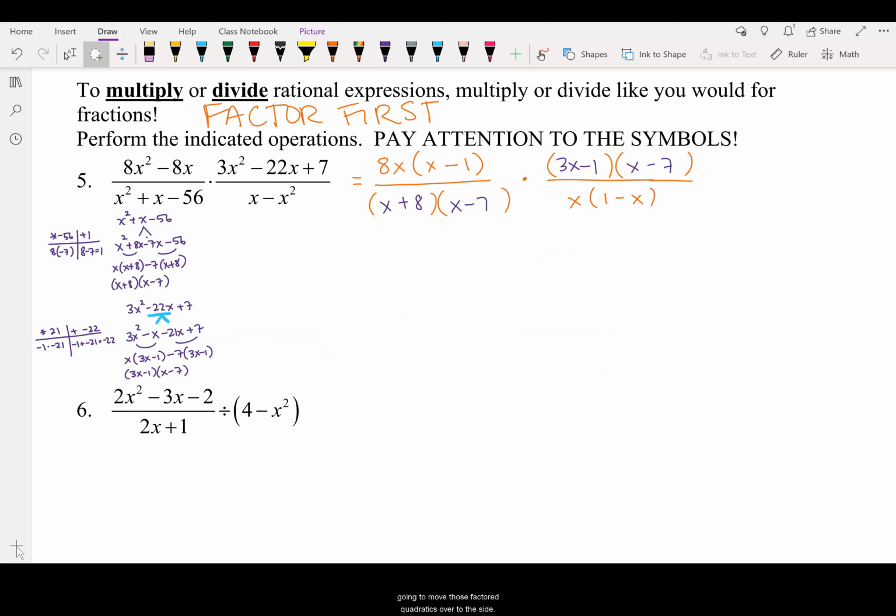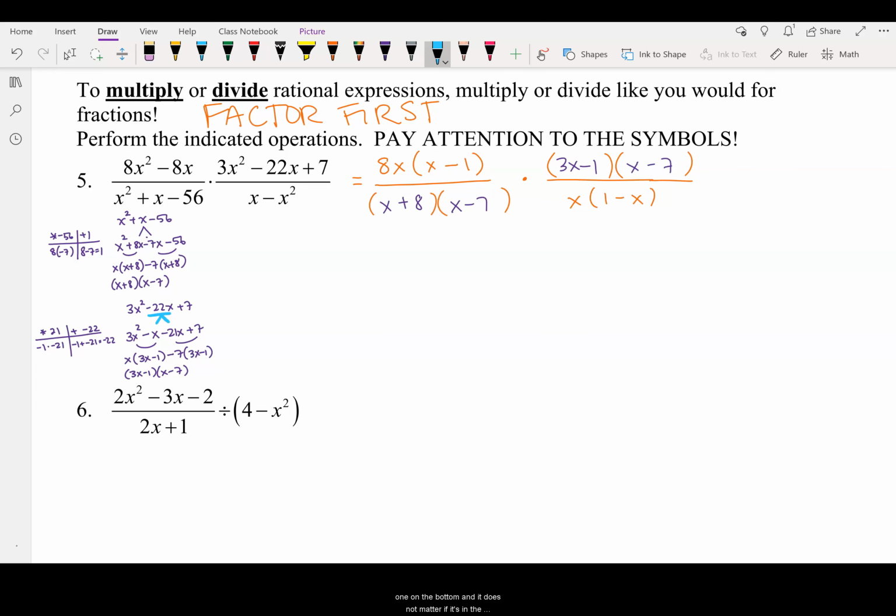And just cleaning up my scratch work a little bit, I'm going to move those factored quadratics over to the side so I can focus on my rational expressions. Now we want to cancel across the division bar any factors that are the same.